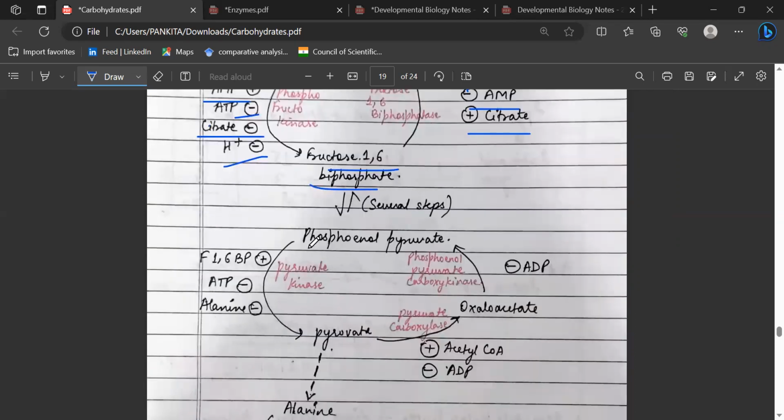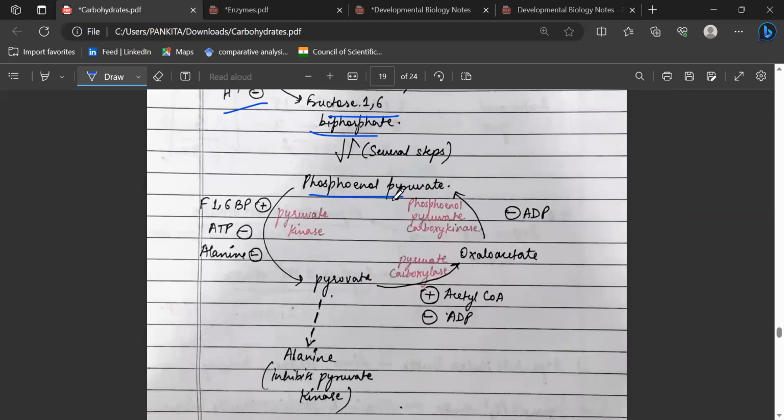Then the next rate-determining step is phosphoenol pyruvate: the conversion of phosphoenol pyruvate to pyruvate using the enzyme pyruvate kinase. Fructose 1,6-bisphosphate positively regulates, and ATP and alanine negatively regulate. Similarly, the conversion of pyruvate to oxaloacetate, by the action of the enzyme pyruvate carboxylase, is positively regulated by acetyl-CoA and negatively regulated by ADP.